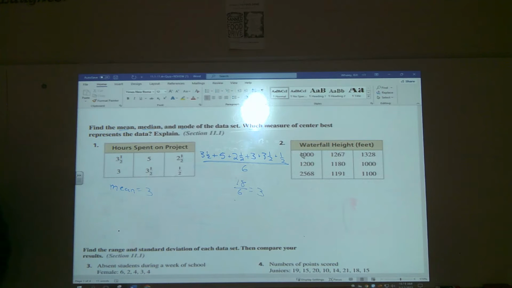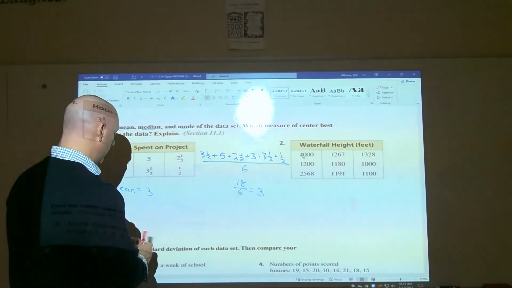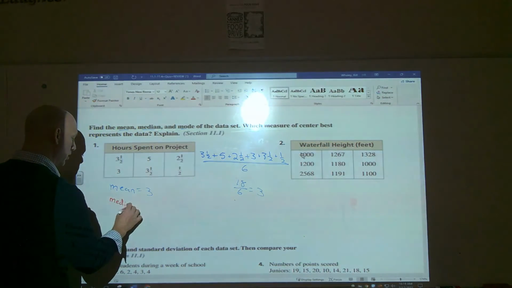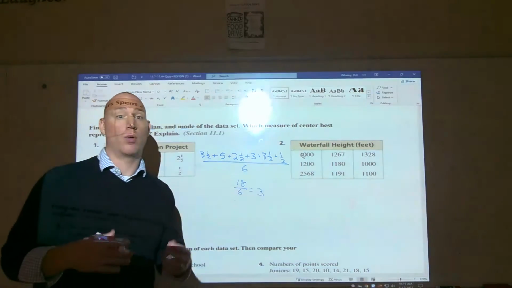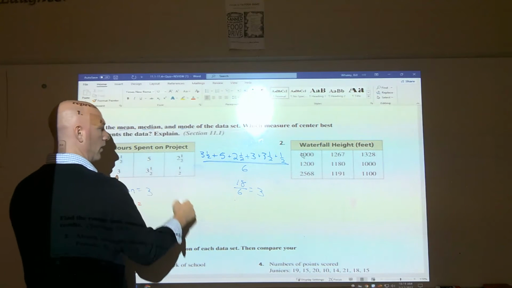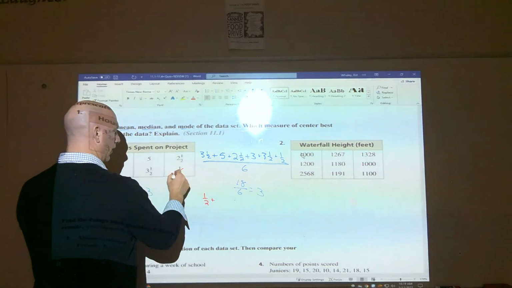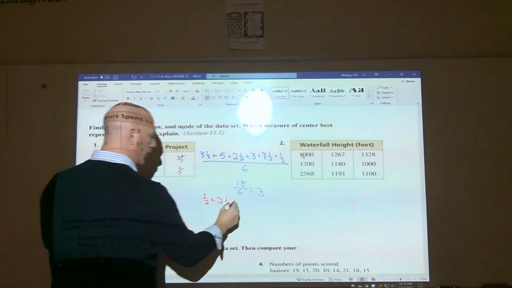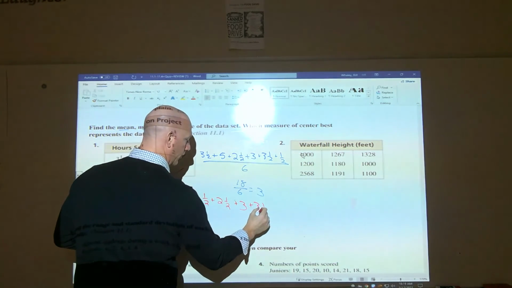Now, to find median. To find median, you're going to have to list the numbers from smallest to biggest, or ascending order. So we just start with 1/2, 2.5, 3, 3.5.